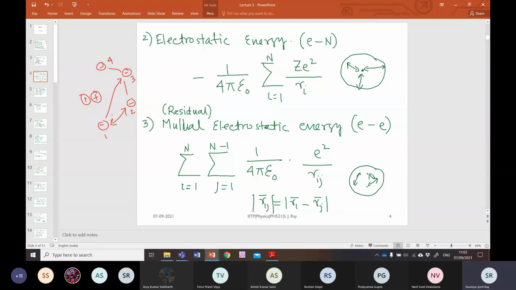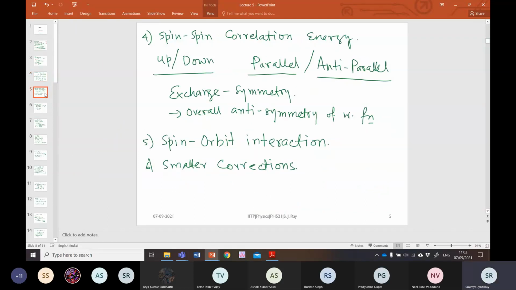So for each electron there will be n minus 1 electrons available for interaction. So that is why we are doing one sum over i and another sum over j. Okay.